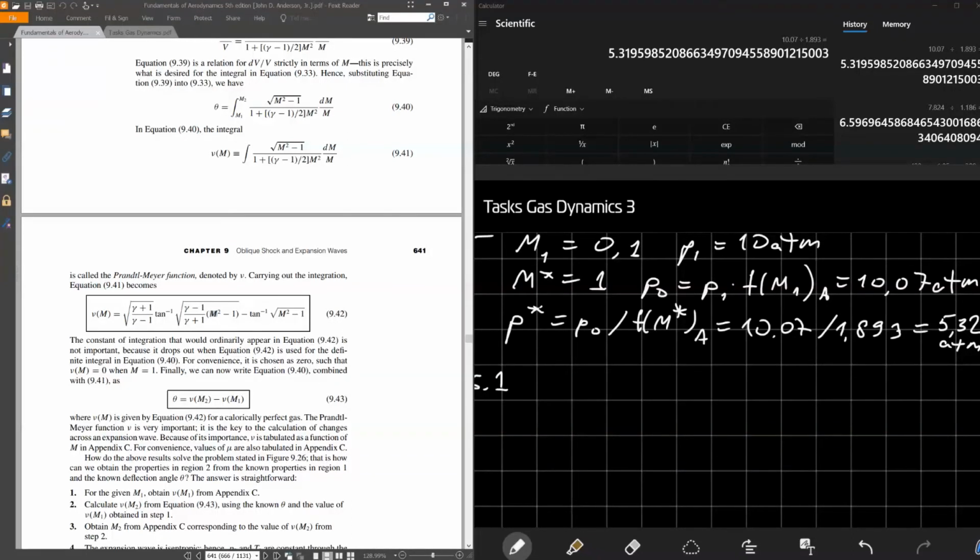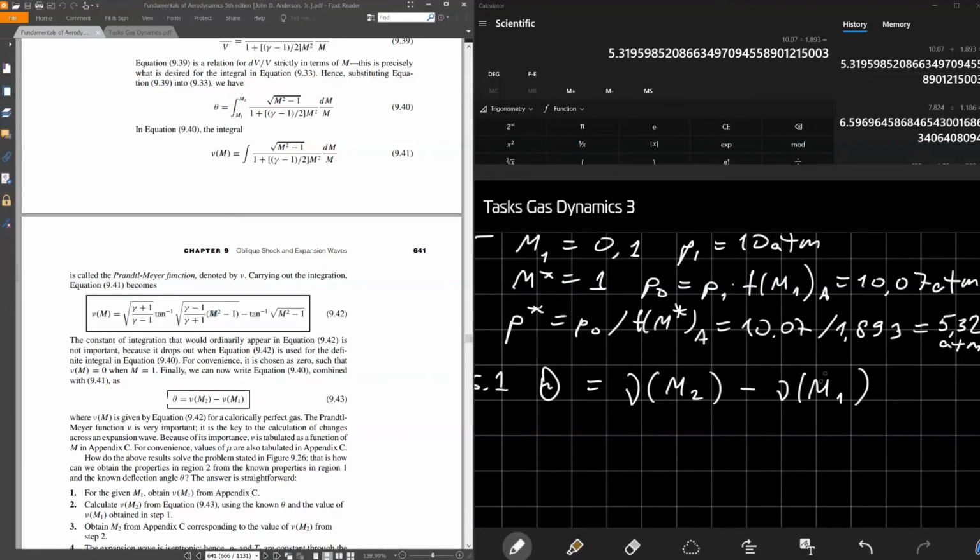It's appendix C from the book, and the solution between two points in the Prandtl-Meyer function is given by formula 9.43, that the rotation of the flow theta, which is the same as the angle of the body, because we know that the flow follows the direction of the body, is equal to the difference of two Prandtl-Meyer functions. The Prandtl-Meyer function at point 2, where the flow was accelerated, minus the Prandtl-Meyer function at point 1, where the flow had lower velocity.